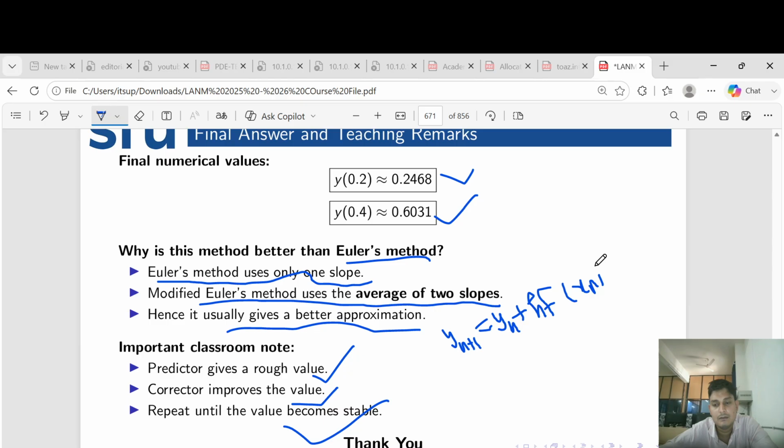This is nothing but Euler's method. This is denoted here as the predictor. Suppose y0 is given as 0, and x0 is given. If you evaluate y1, then it is y0 plus h of f of x0 y0.